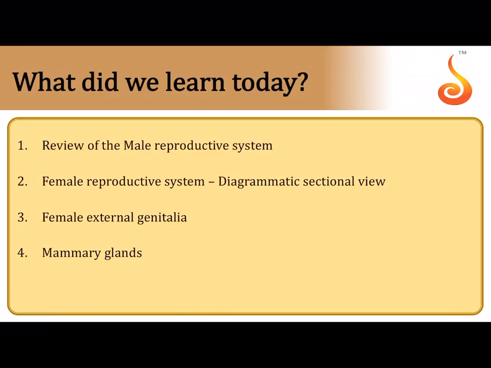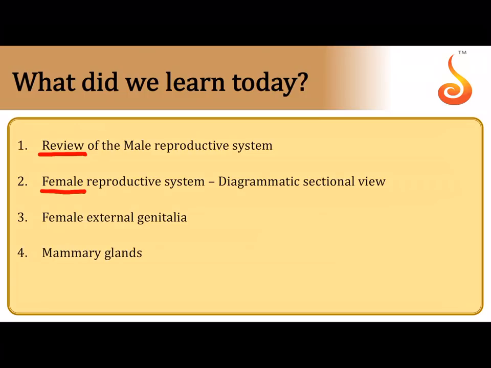So to give you a recap of what we learnt from the beginning in today's lecture. We did a review of what you had done in the past 2 classes, the male reproductive system, isn't it?